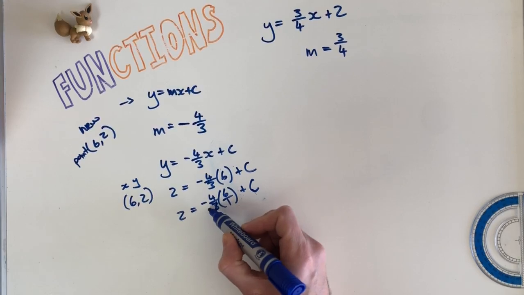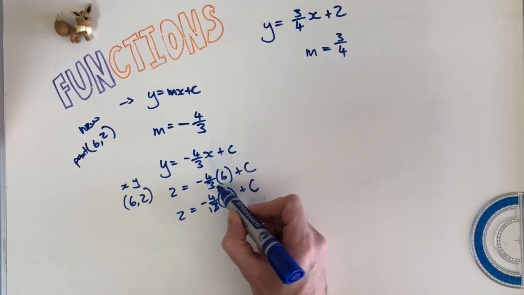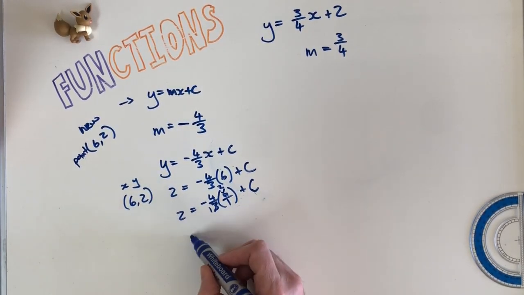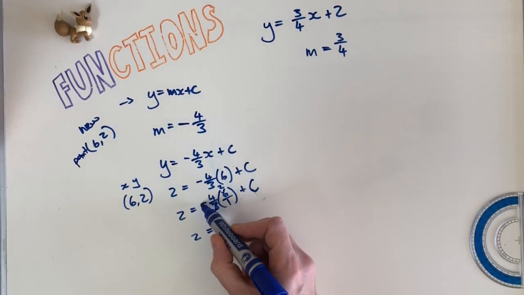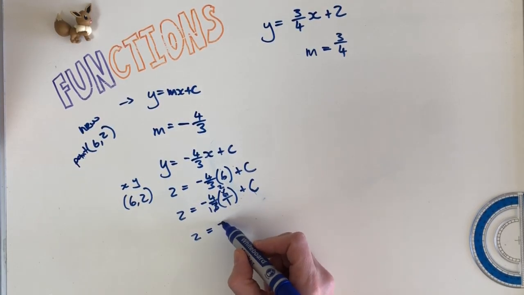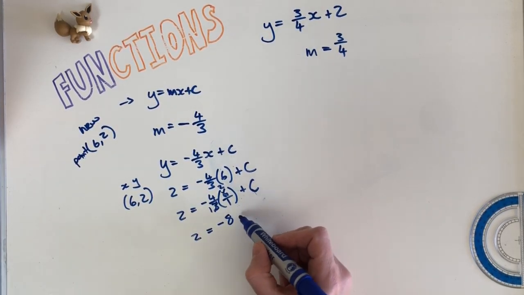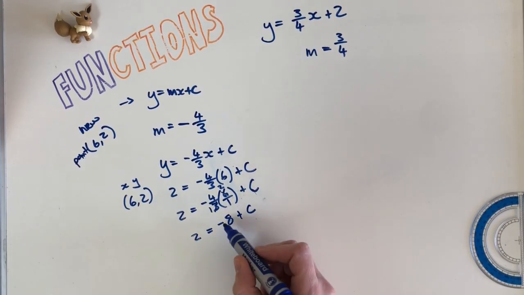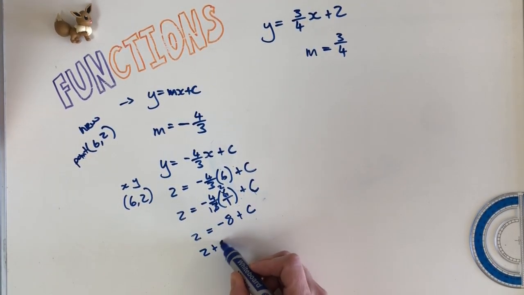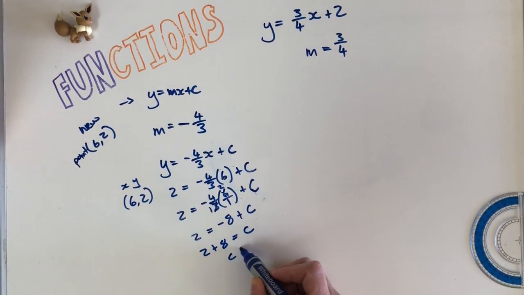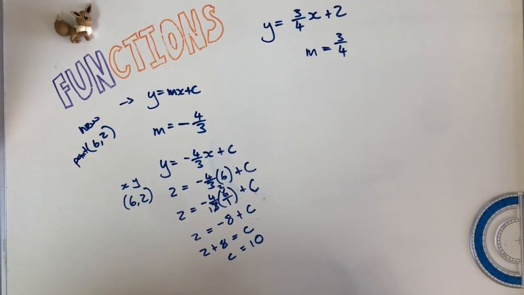So 3 would go into itself once, and it would go into 6 twice. And then we have 2 is equal to -4 times 2 is -8 plus c. And then if I add 8 on both sides, then I'll have 2 plus 8 is equal to c. So c would be 10.